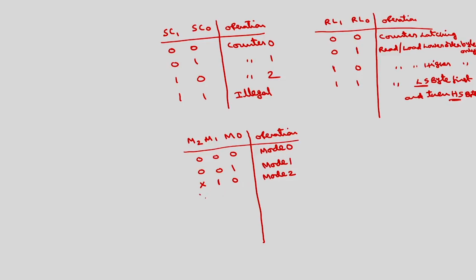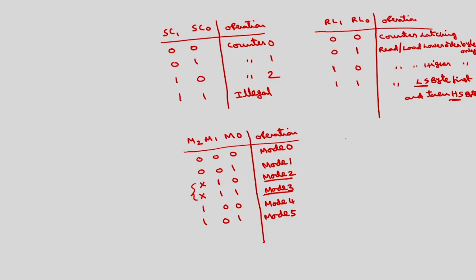This is X11, which can be 0 1 1 or 1 1 1, is mode 3. Then we have 1 0 0, mode 4, and 1 0 1, mode 5. Here these 2 are don't care. So, we have 2 possibilities for mode 2 and mode 3.